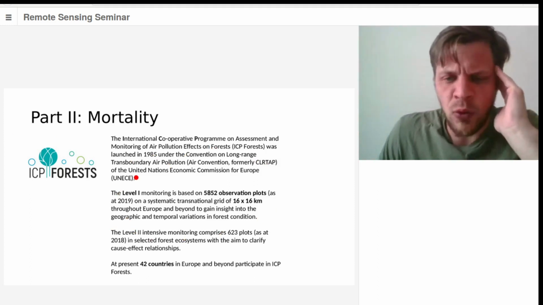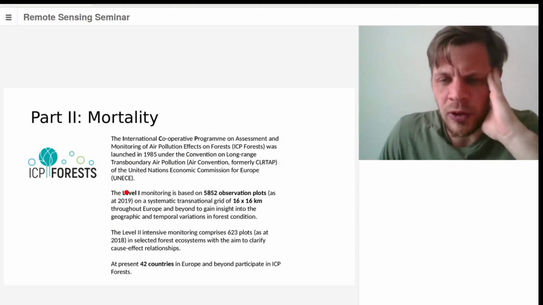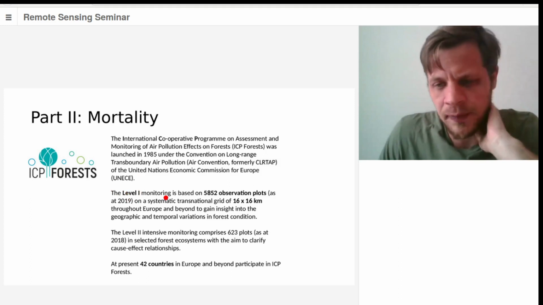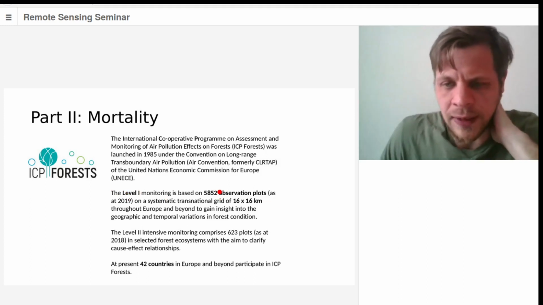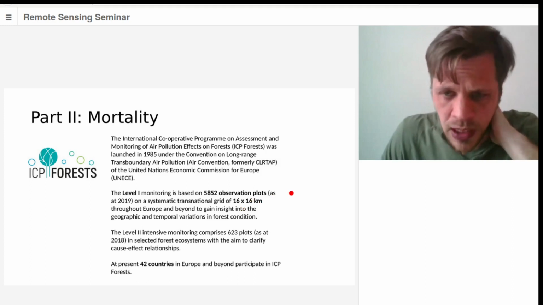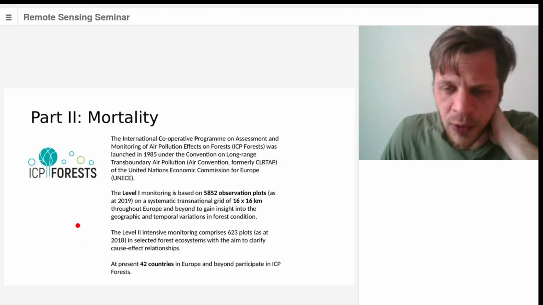And there are level 1 and level 2 plots. I will talk only about these level 1 monitoring plots. There are currently nearly 6,000 of these plots on a regular 16 by 16 kilometer grid. And 42 countries are currently participating in gathering data.